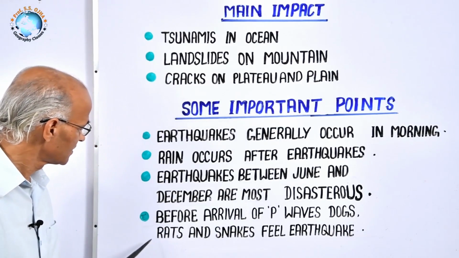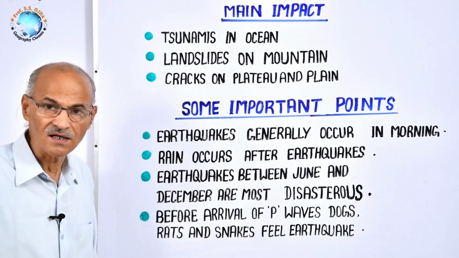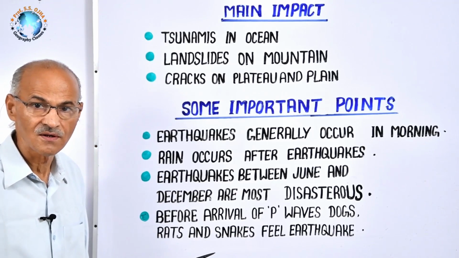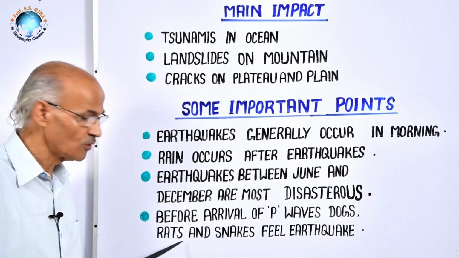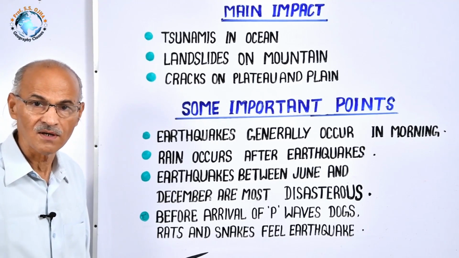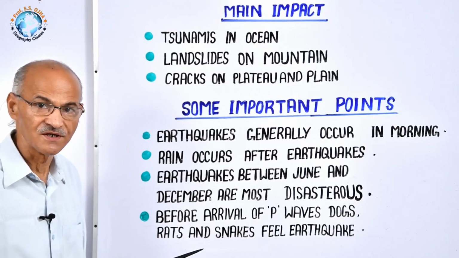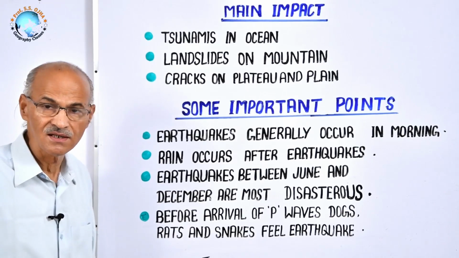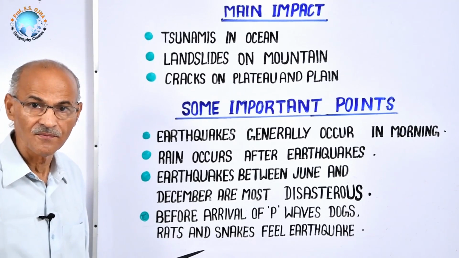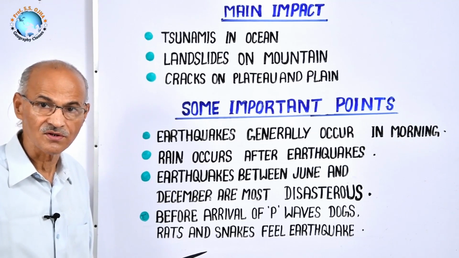Likewise, rats. You might have seen rats coming out of holes in the earth before the arrival of an earthquake. It means this animal senses the microwaves of an earthquake.